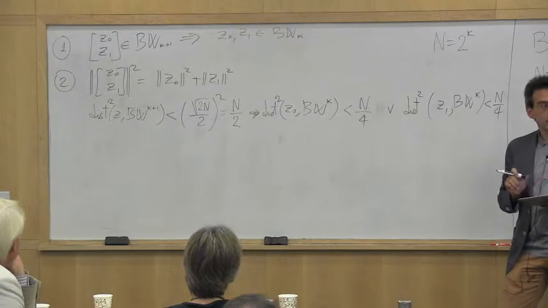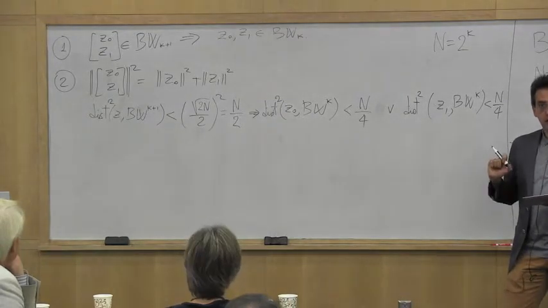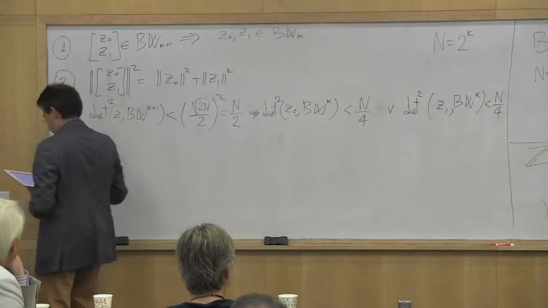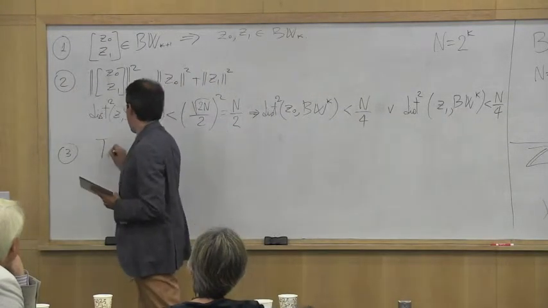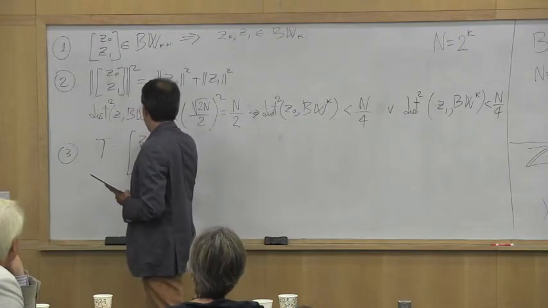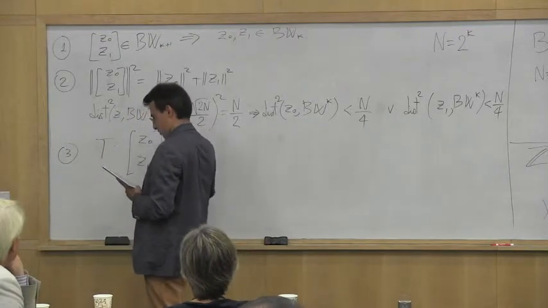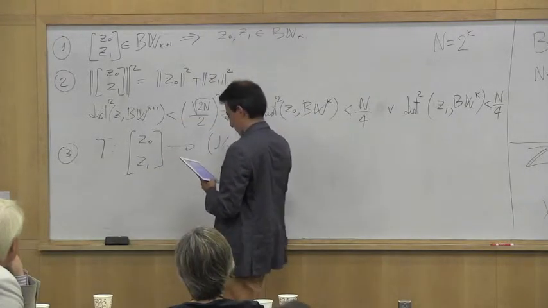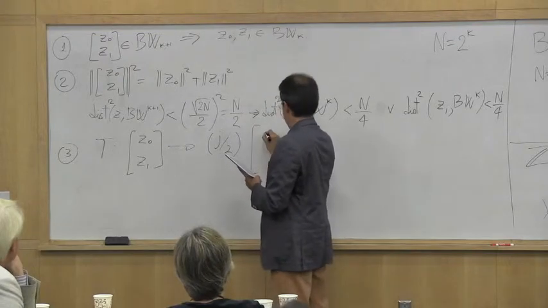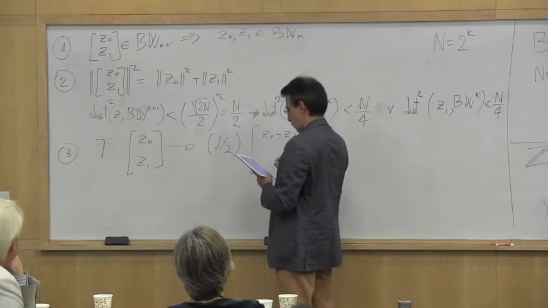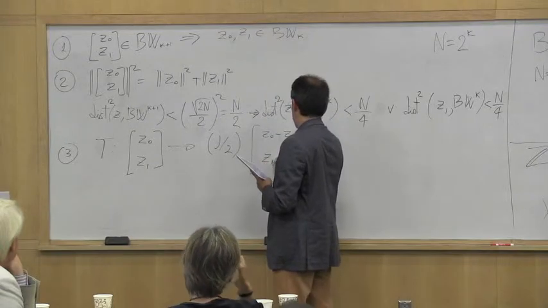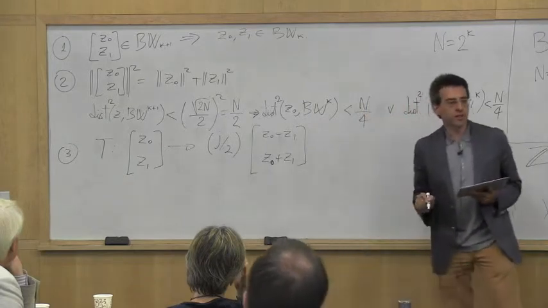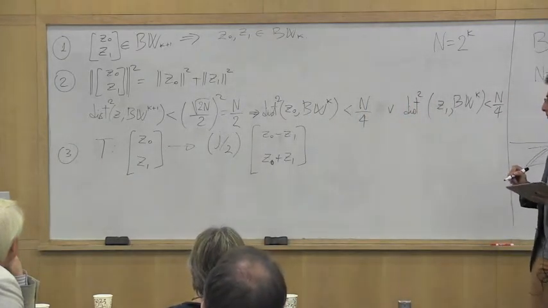And now enter the automorphism. Observation number 3. The function t that sends the vector z0, z1 to j over 2 times z0 minus z1, z0 plus z1 is an automorphism of the Barnes-Wall lattice.